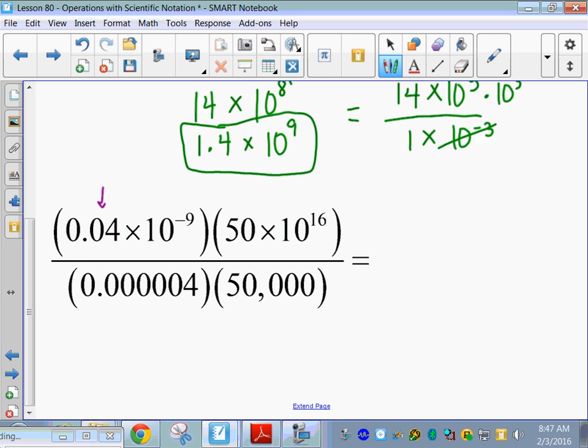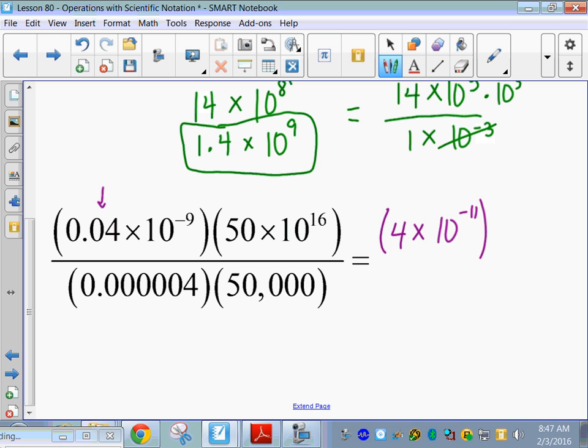How do I rewrite that in scientific notation? Good. So in your head, is everybody good with skipping that step? If this is to the negative 2, we're going to add that to the exponent, right? So this would be 10 to the negative 11. Everybody good with that?